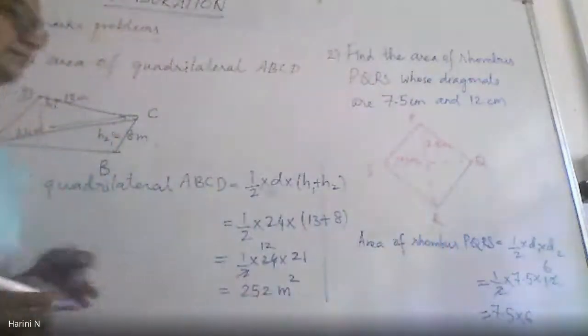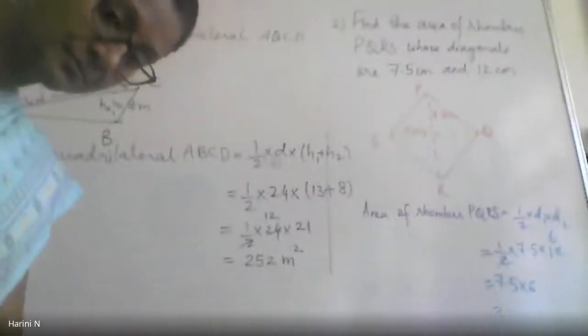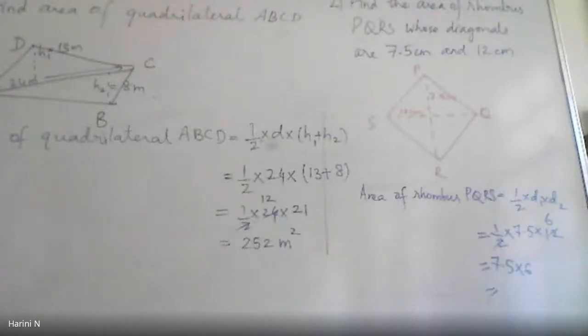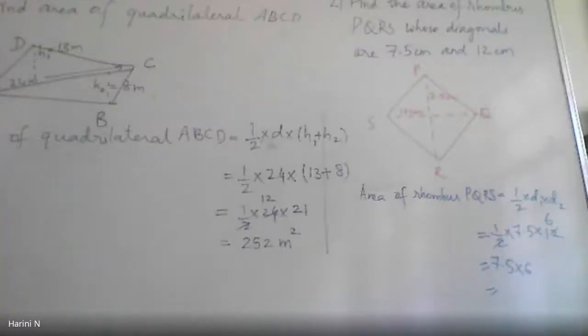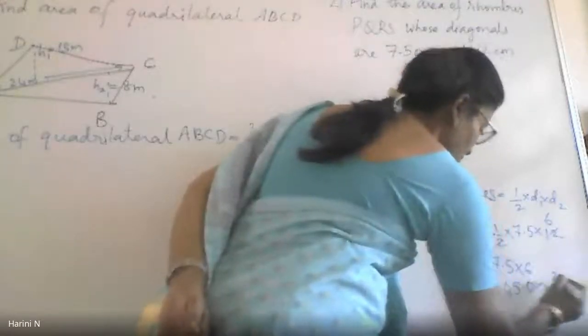Multiply. 6 5s are 30, carry 3, 6 7s are 42 plus 3, 45.0. 45.0, so many centimeter square.